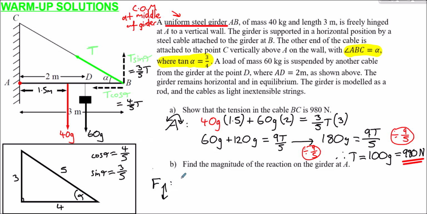So forces going down, we've got 40g and 60g acting downwards. Forces acting up, I'll leave myself a little space because I'm not sure if, of course, this R force will have to act up or down, but we can work this out now. The force going up is T sine alpha, so that's going to be 3/5 of 980.